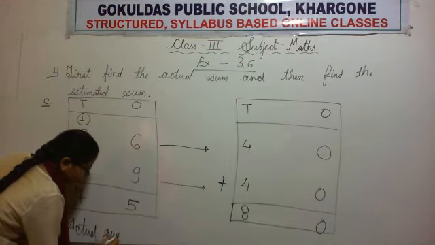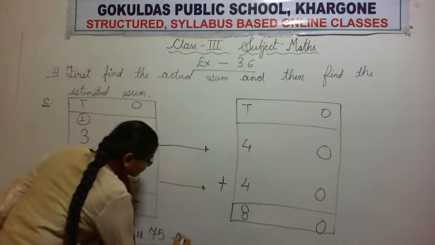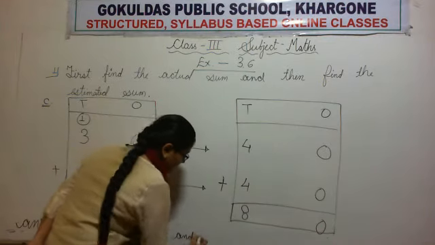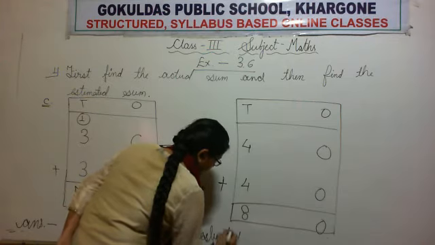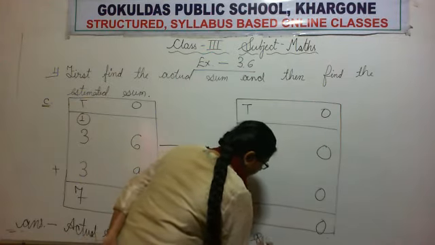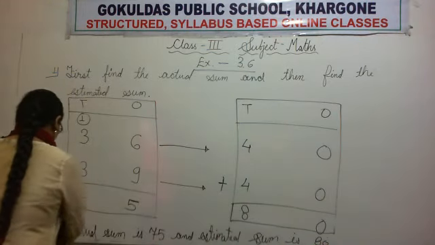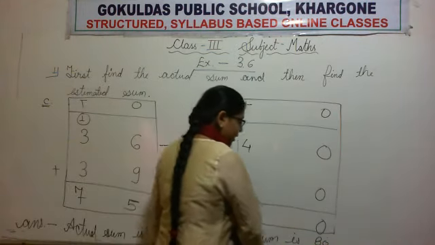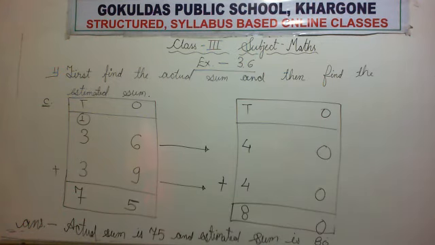Actual sum is 75 and estimated sum is 80. So, with this part C, we are done with question number 1 of exercise 3.6. All of you note it down. Note it down, dear students.